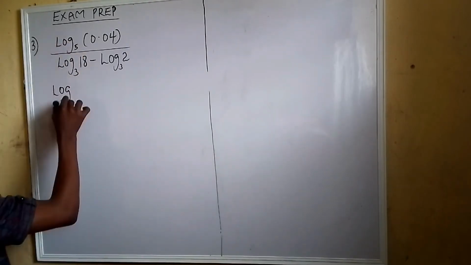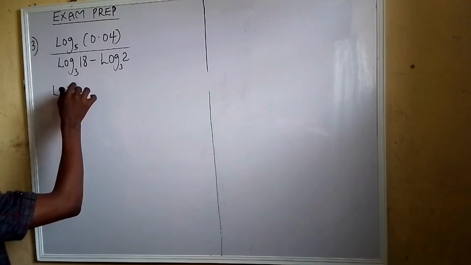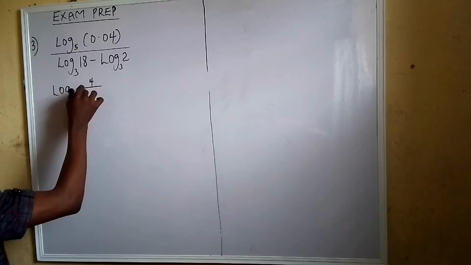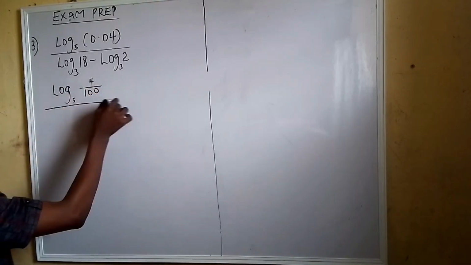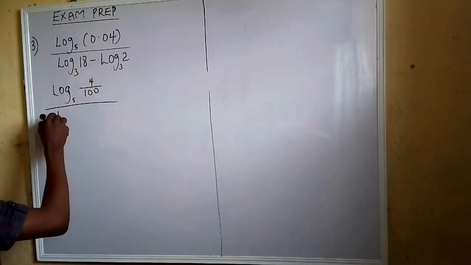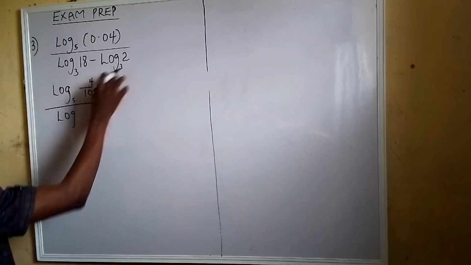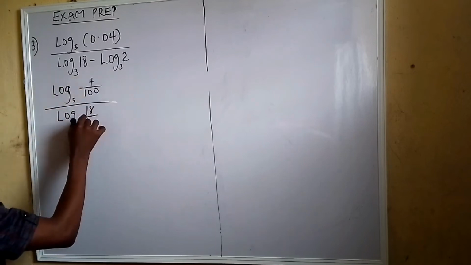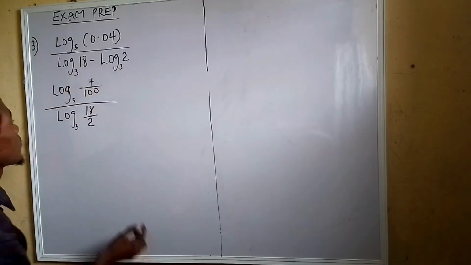Now over here we have log base 5. Our 0.04 will be converted to a fraction, that's 4 over 100. All over, we have the same base. From the question we just finished, when they have the same base, we pick the base and divide the numbers whenever it is minus.